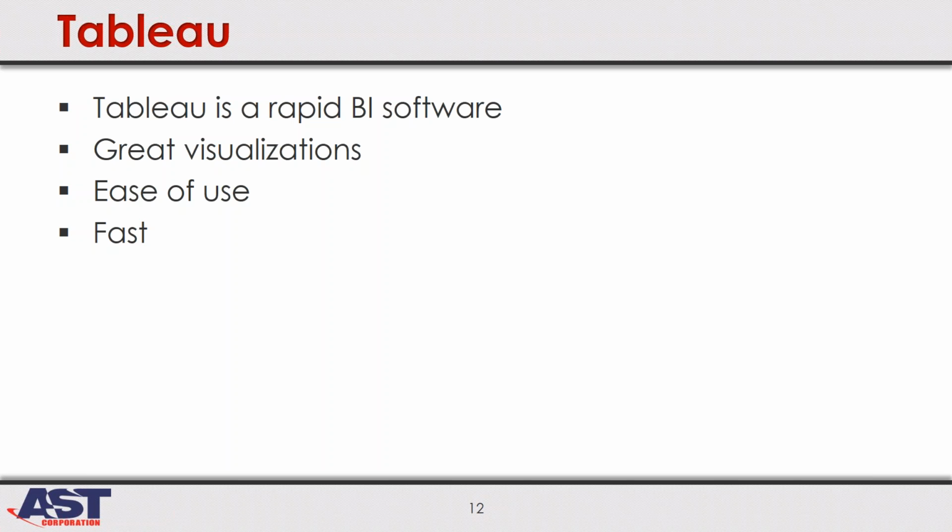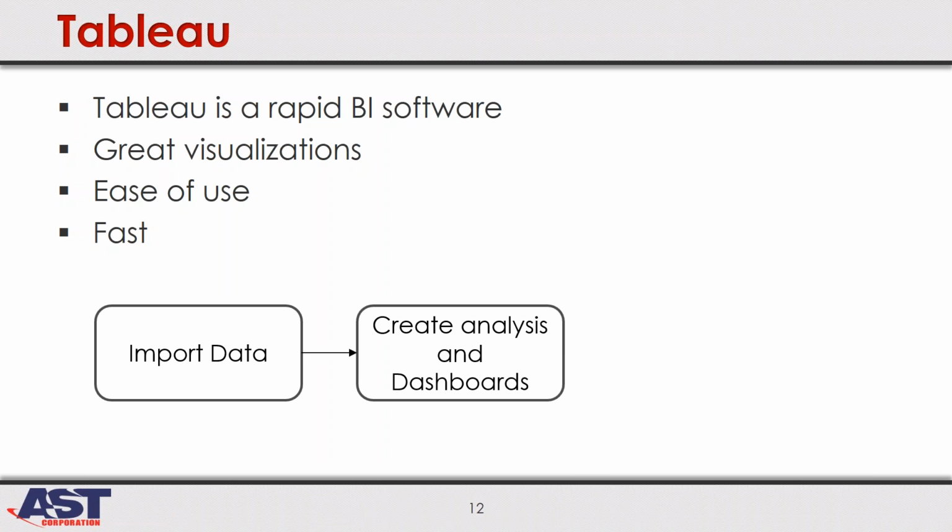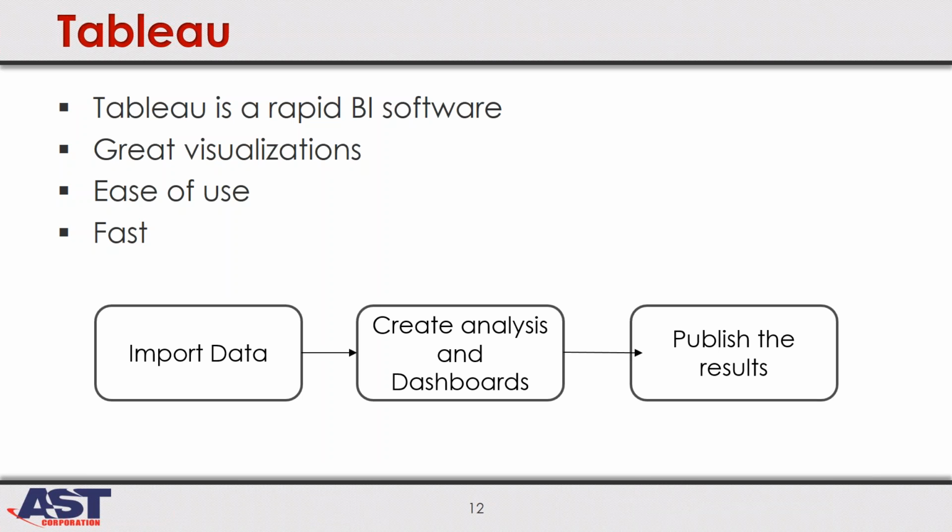It is very easy to use and very fast in terms of creating visualizations. The three simple stages in Tableau are: we import the data, connecting the data source to Tableau; we create the analysis and dashboards based on the data; and we publish the results.